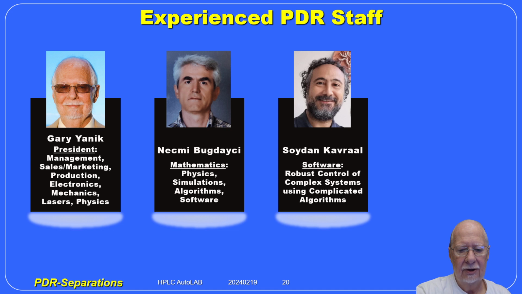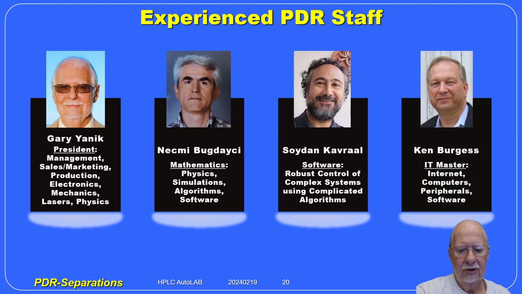Soidan Kavral is a very creative software programmer, experienced with robust control of complex systems using complicated algorithms. Ken Burgess is an IT master, experienced with all things internet, computers, peripherals, and software.